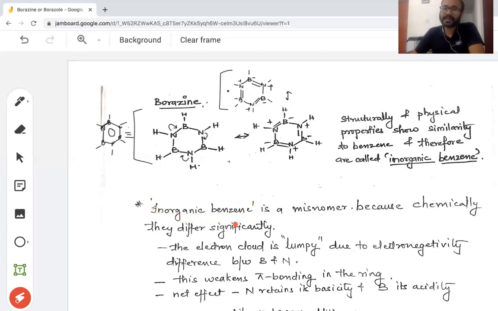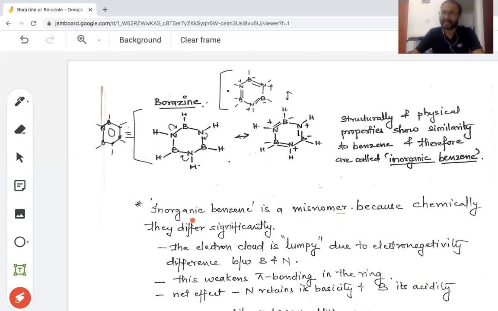Though they look structurally similar to a benzene moiety, chemically they are completely different from a benzene molecule. So the reactions that you see in a benzene molecule won't be the same reactions that you would find in the case of the Borazine moiety. That is why it is a misnomer.